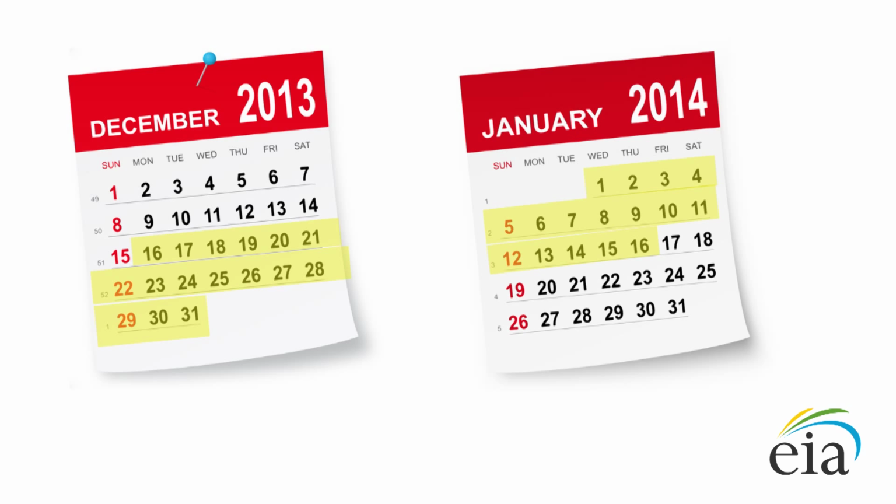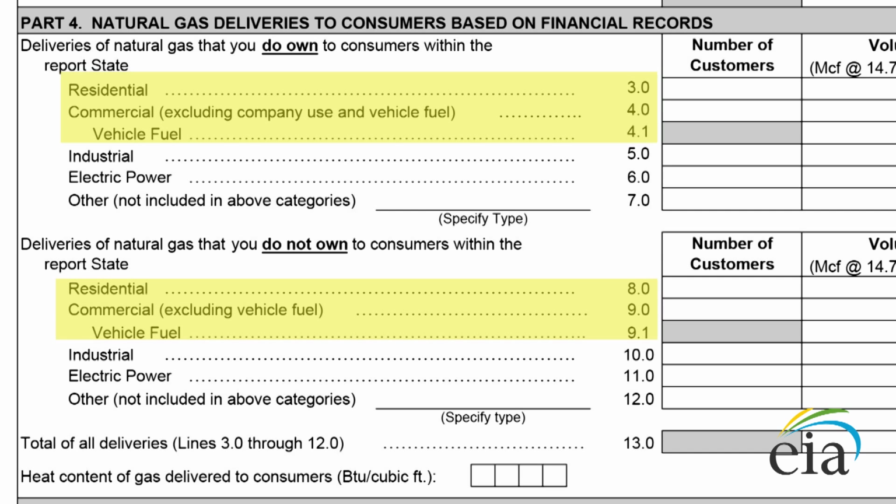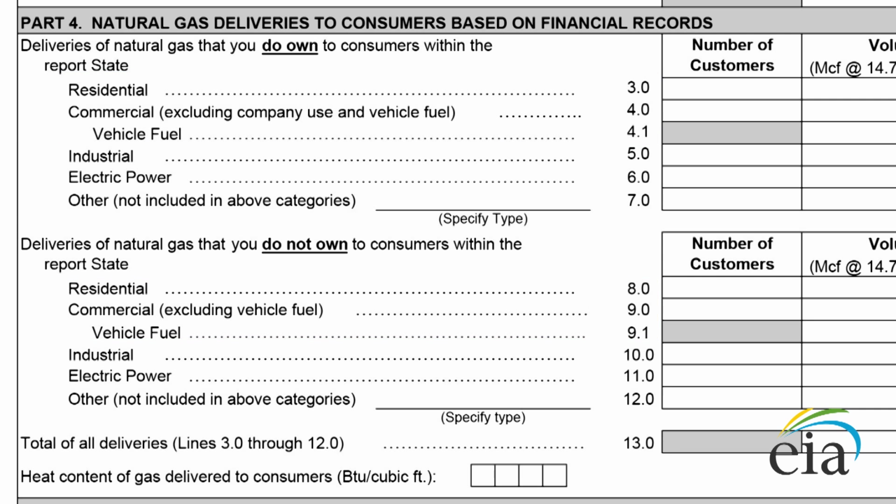Not all of the categories may experience this lag. The residential and commercial sectors, which you can find on lines 3, 4, 8, and 9, are often lagged due to billing cycles. The industrial and electric power volumes on lines 5, 6, 10, and 11 do not usually have this delay and are reported on the calendar month.